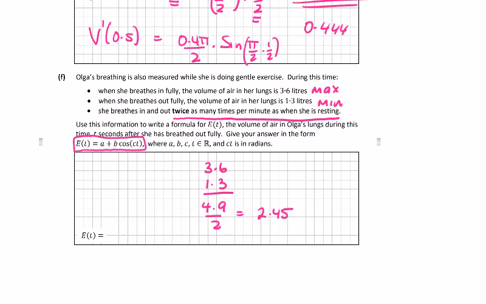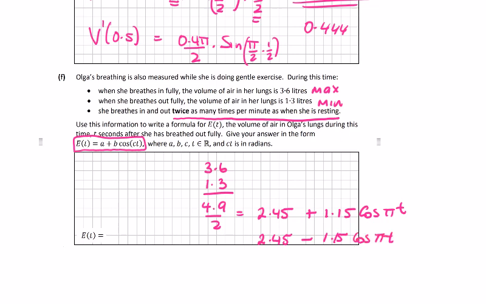So to get up to 3.6, we'd have to add 1.15 and multiply it by the cos of pi t. And we'd have 2.45. To get to 1.3, we'd have to take away 1.15 cos pi t.